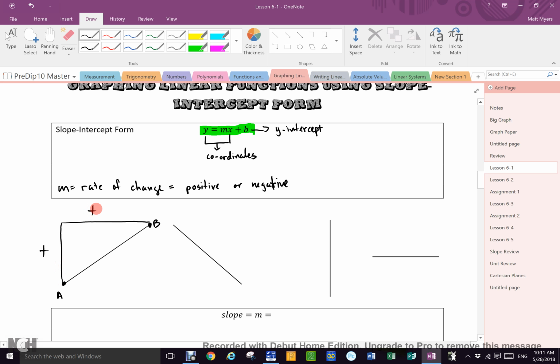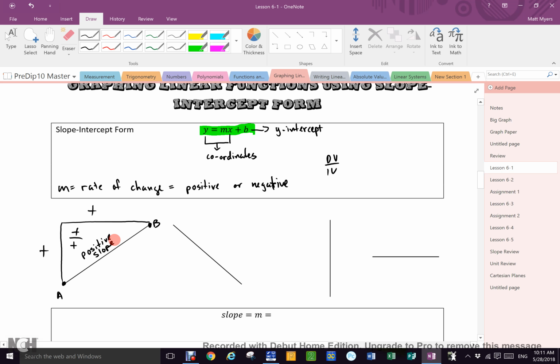Positive. So the rate of change is always dV over IV, correct? So this rate of change would be a positive value divided by a positive value. Agreed? Which means this is a positive slope.